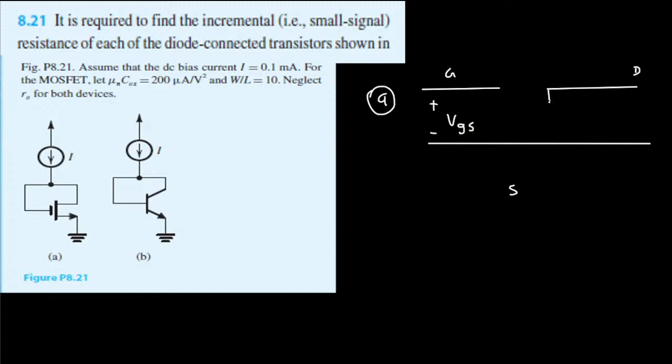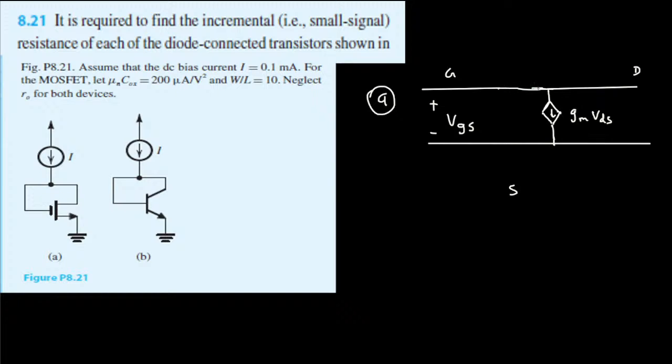In the small signal model, we can express ID as gm VDS, so this is also equal to gm VDS right here. And if you see, this MOSFET is diode connected. There's a connection between the drain and the gate, so there will be no gap like this.